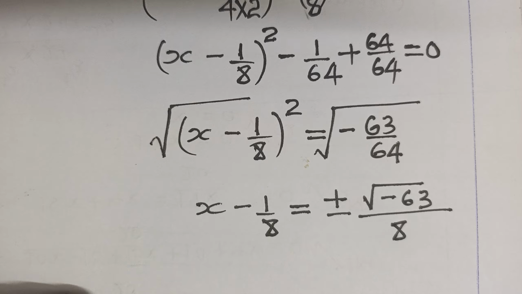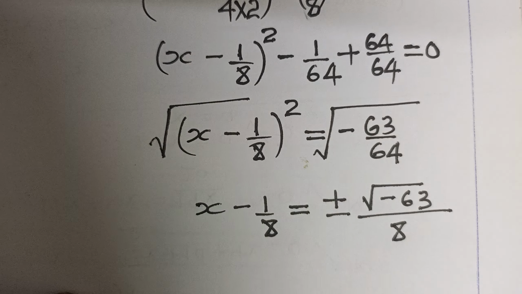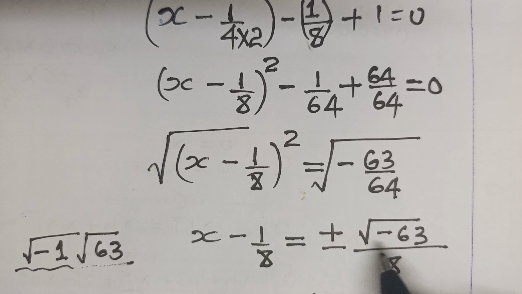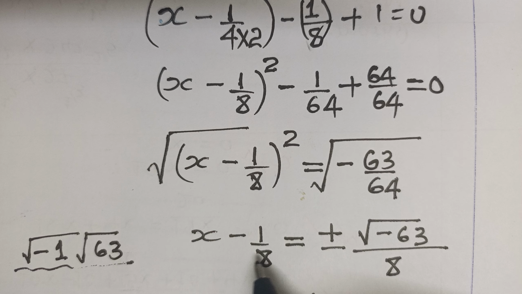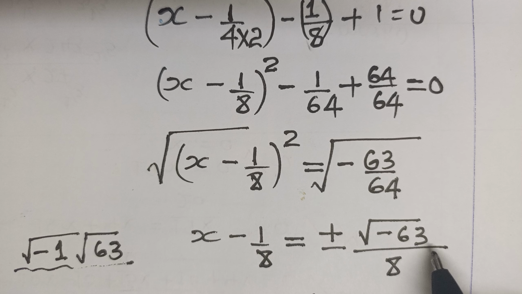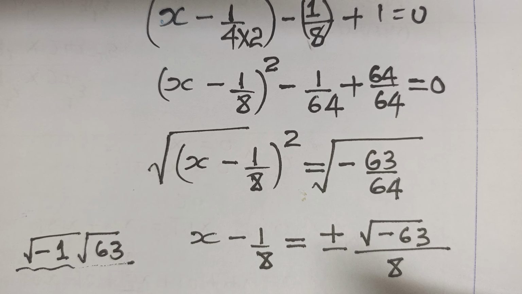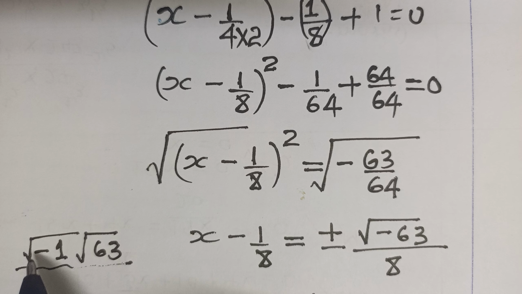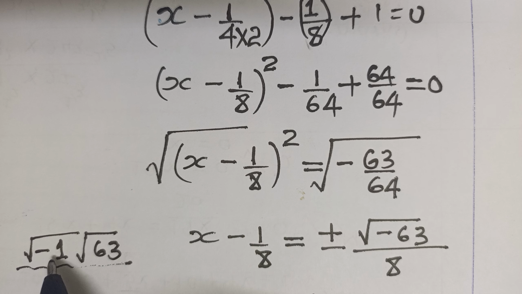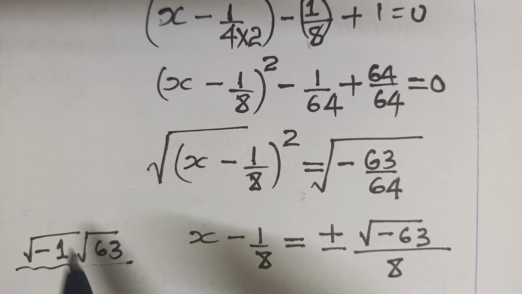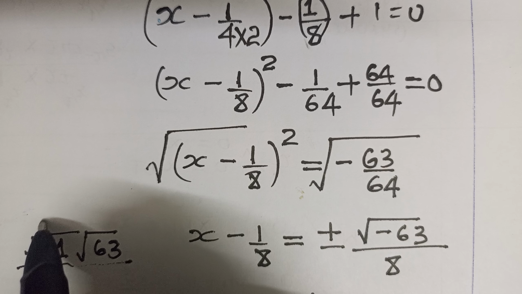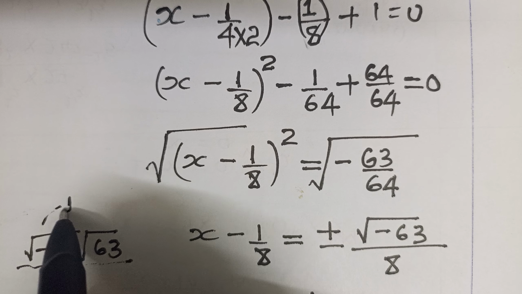And so therefore, we have x minus 1 over 8 equals to plus or minus square root of negative 63. Guys, square root of negative 63 is the same as square root of negative 1 times square root of 63. And guys, square root of negative 1 is supposed to be j.